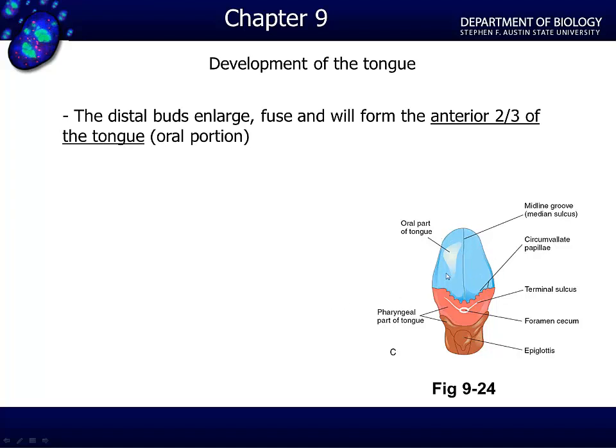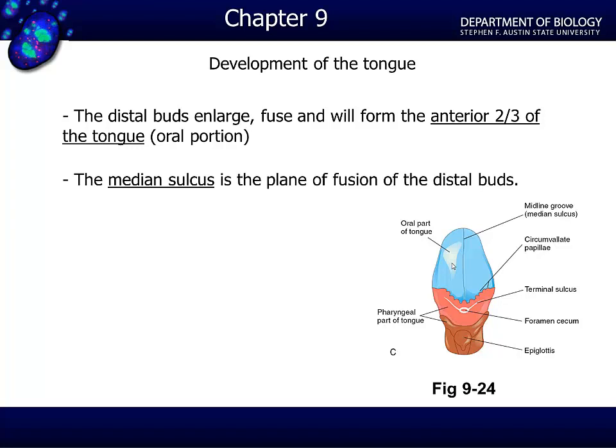Now, these are color-coded, so the anterior 2/3 of the tongue, they refer to this as the oral portion. This is going to be derived from those distal buds, the distal swellings, or the lateral lingual swellings. And then we're going to see that separating the oral portion from the pharyngeal portion of the tongue, we're going to have this V-shaped depression.